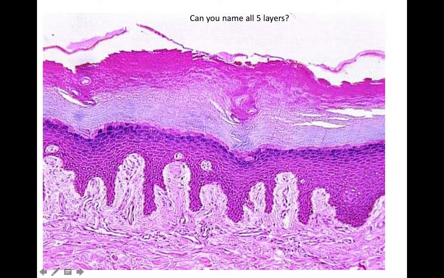What's the bottom layer? Say it out loud. Stratum Basale, yes. What's this layer here? Stratum Spinosum. What's this layer here? With all the granules, Stratum Granulosum. Here's a clear looking layer, so this is Stratum Lucidum. Lucid means clear. And then the top layer is Stratum Corneum.